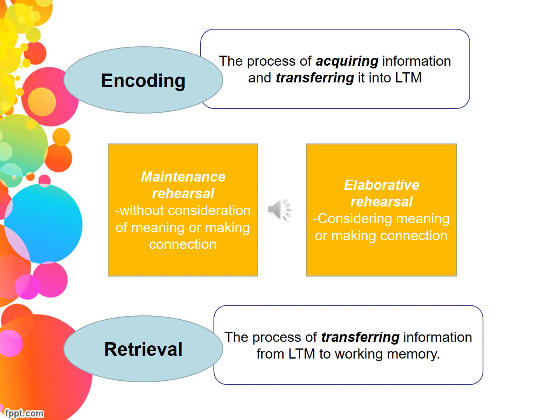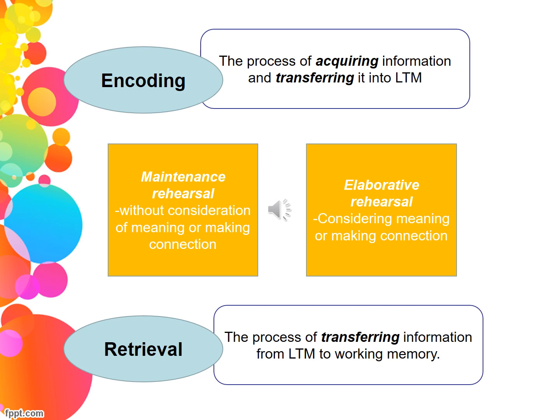In the previous lecture, some of the types of coding were explained. So now we will focus more on encoding. Encoding can be defined as the process of acquiring information and how it can transfer into the long-term memory. In the chapter regarding short-term memory, we learned that the information we get from the external environment, which is sensory information, is only stored in sensory memory.